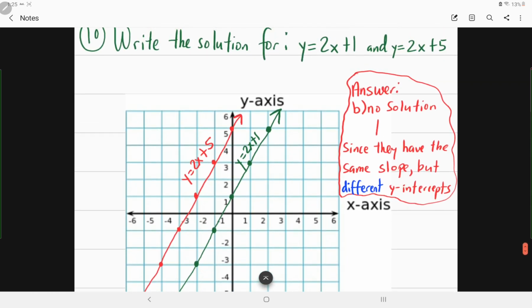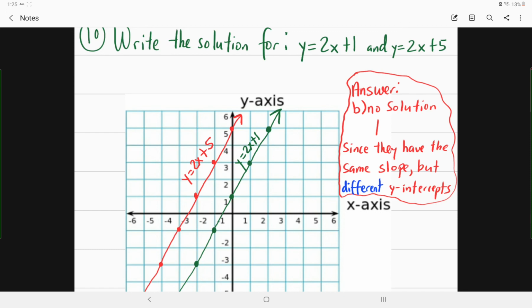Now, we see that they have the same slope, which is 2. That means we're going to go up 2 units and to the right 1 unit. But if we look at the last numbers, the y-intercepts, I see +1 for the first equation. I see +5 for the second.